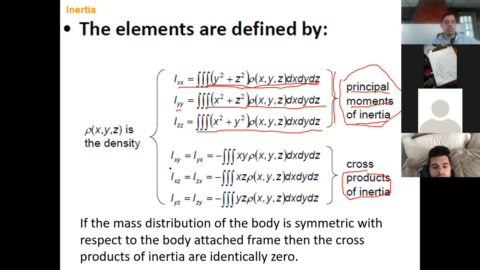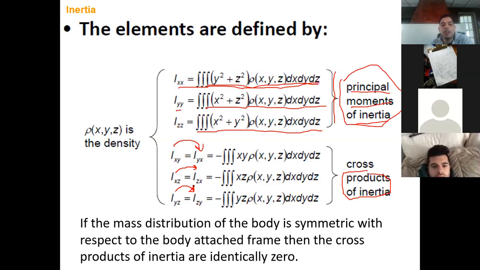And the other 6 are defined by this. By the way, the other 6: Ixy equals Iyx, Ixz equals Izx. That's how they are related. Then Iyz equals Izy. So now we are basically doing the 3 terms.